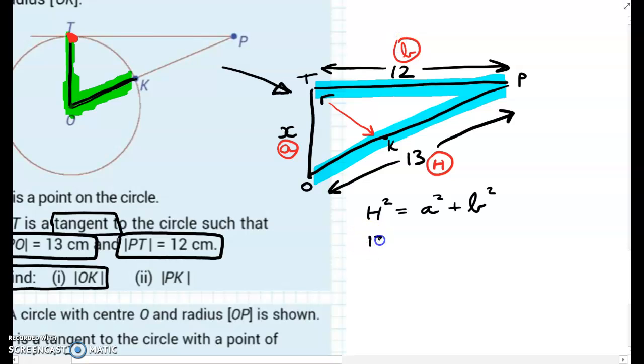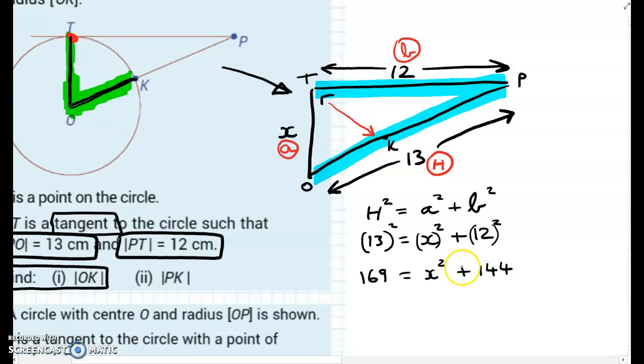This is going to be 13 squared, this is going to be X, and this is going to be 12. You can put them in brackets if you want. Type it out on the calculator. 13 squared is 169. X squared is X squared. 12 squared is 144.